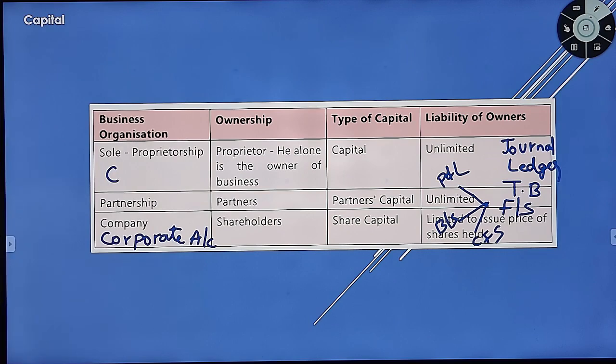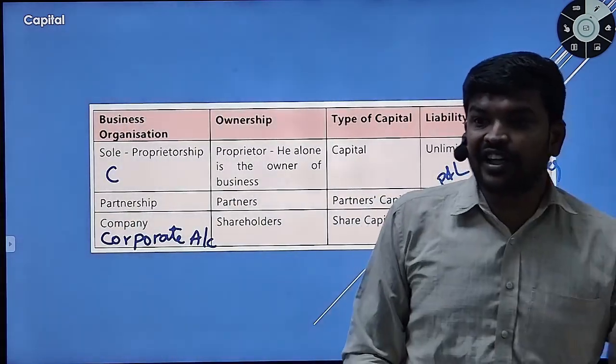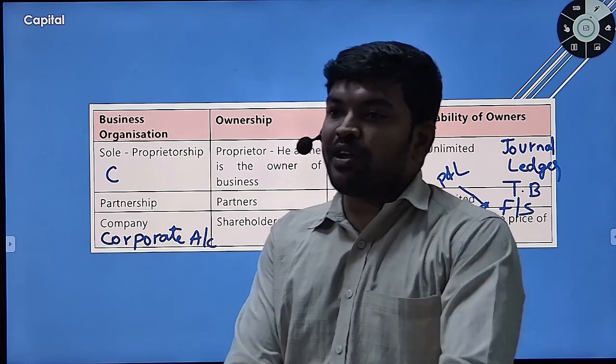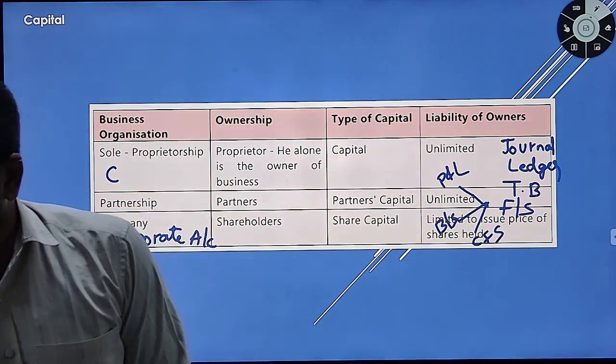In the balance sheet you will find this word, not creditors. When you take goods on credit, you group all the creditors and show them under the head creditors.